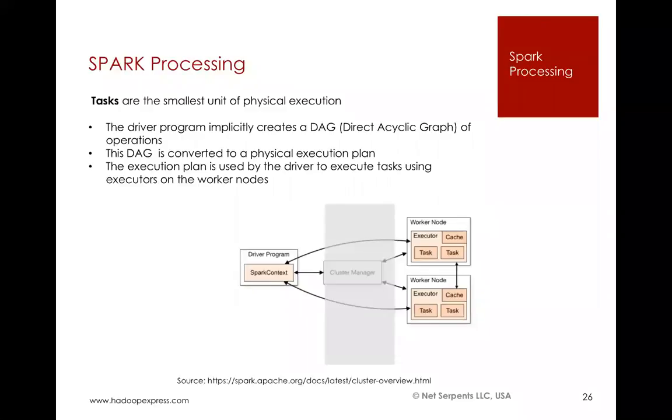In this case, all this is done by the Spark driver program, which creates this DAG and converts it into a physical execution plan to determine the best way of executing that particular task. And once the execution plan is ready, it's used by the driver to execute the tasks by allocating those tasks to specific executors which have been started by the cluster manager.